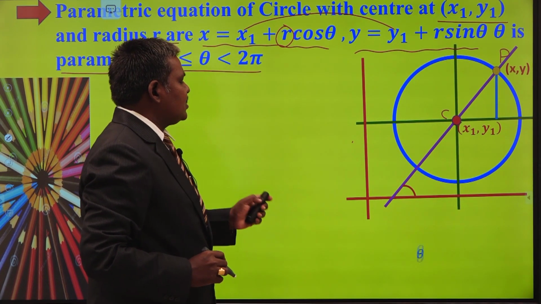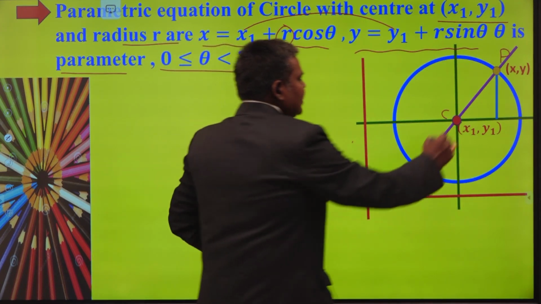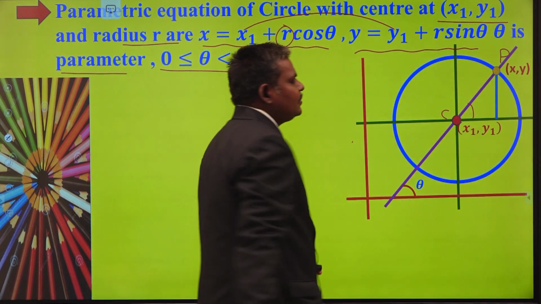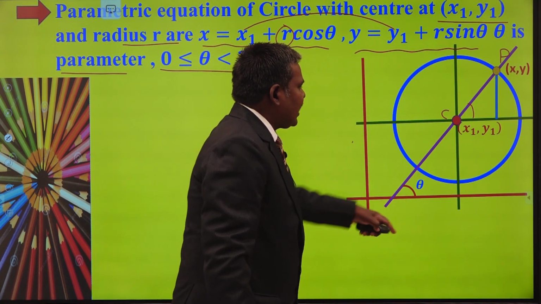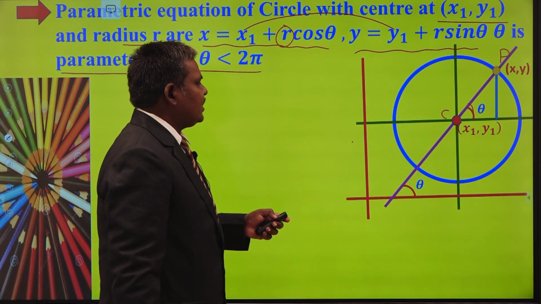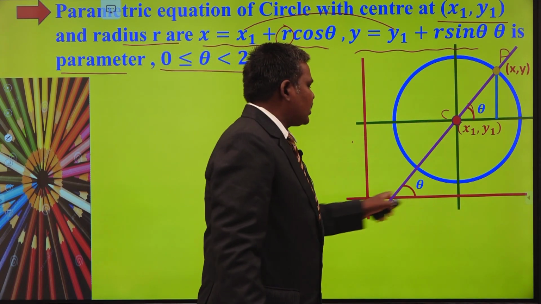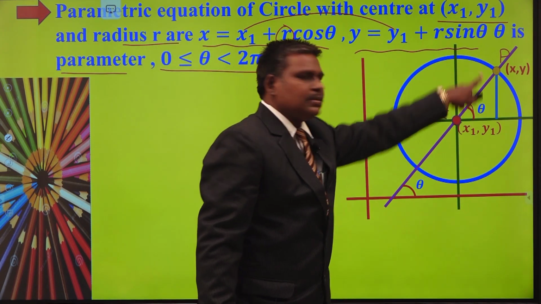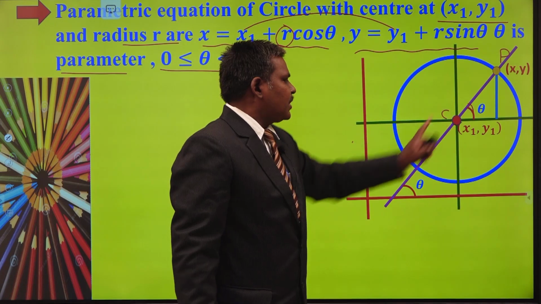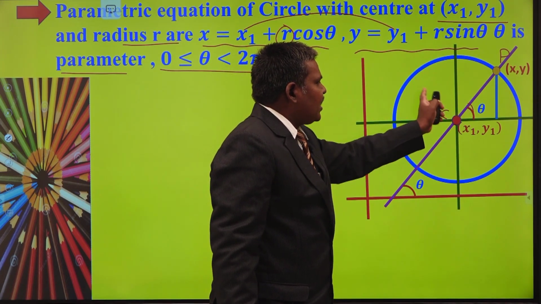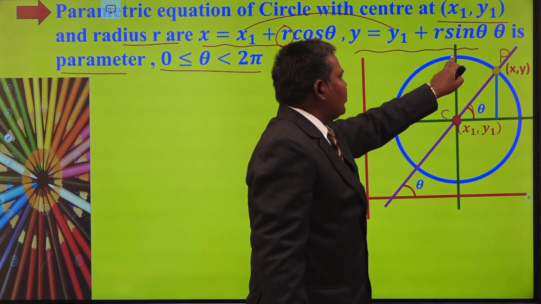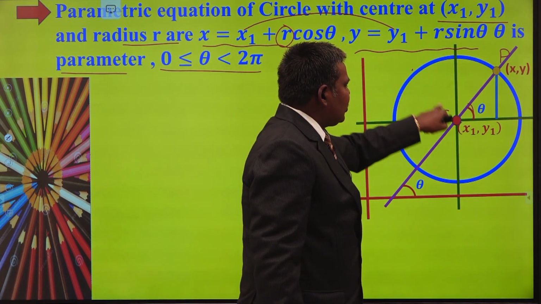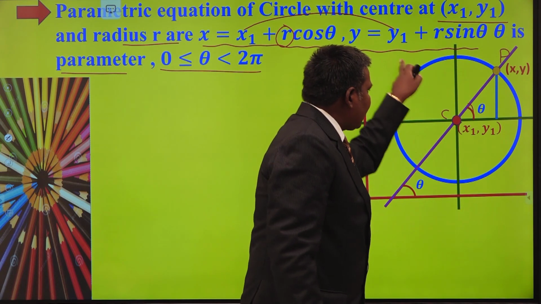Now my question is, if this is theta, what is the angle here? This angle is also theta, because these are two lines in sequence. Immediately that is also theta. So these two triangles are similar triangles. If theta is varying, the coordinates of the point are varying, because if the point moves from here to here, then joining to P, the line will be in this form.